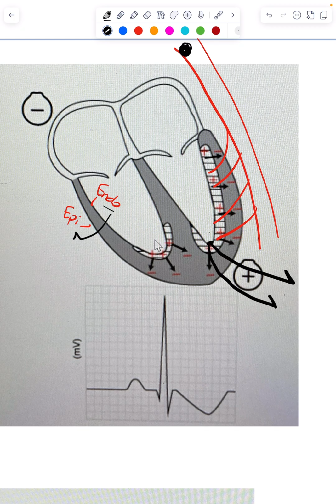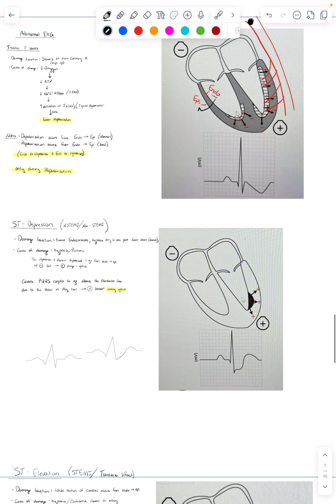And so the endo is the first to depolarize, which is normal, and also the first to repolarize. So we're taking a positive tail going towards a positive sensor, giving that there.